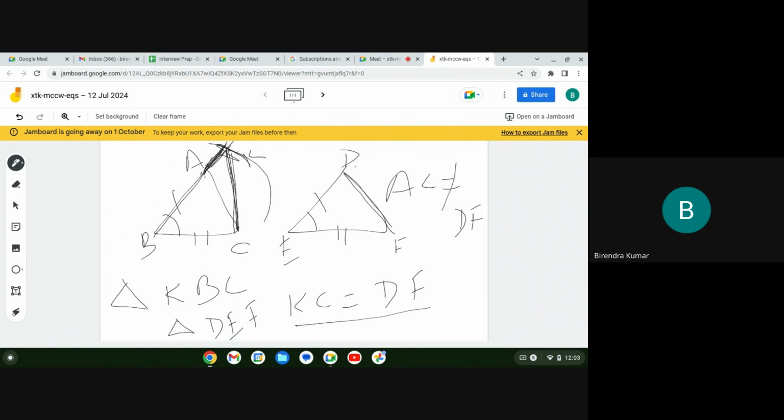And so we extended the line AB to where it meets at K, where KC is equal to DF.